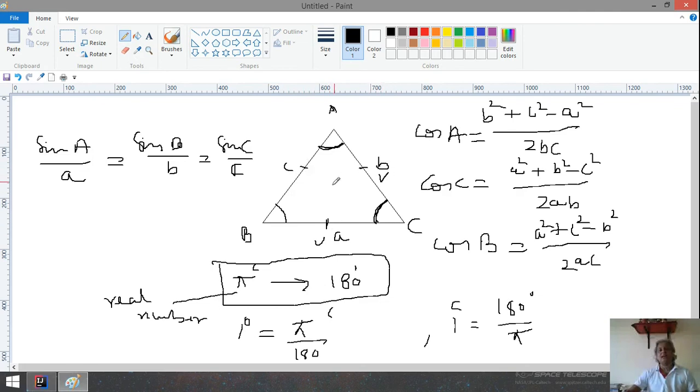So using this I can find the area of this triangle, and the area of the triangle from all sides. Area of the triangle is what?